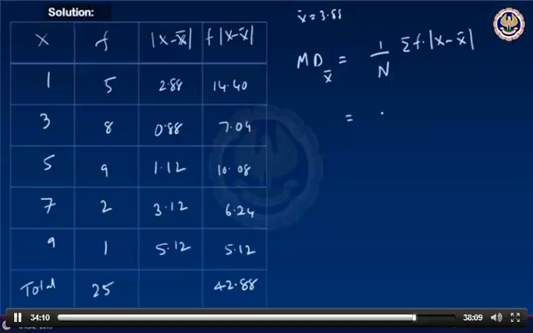Here the number of observations is 25, and the summation of f into modulus of x minus x bar is 42.88. Divided by 25, 1.72 is the mean deviation from mean for this data.